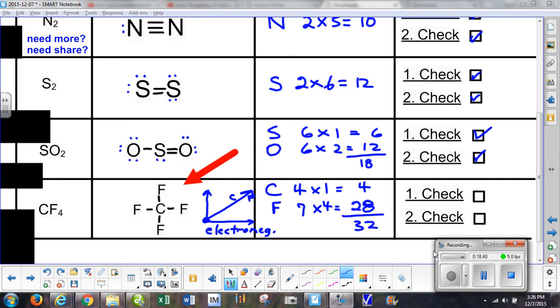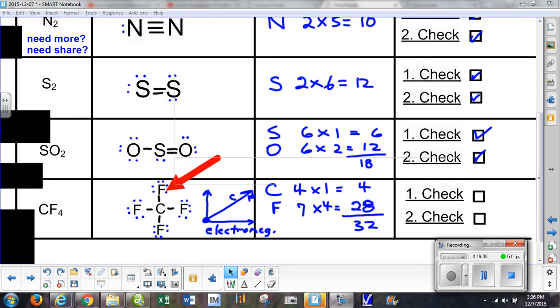So I go 1, 2, 3, 4, 5, 6, 7, 8, 9, 10, 11, 12, 13, 14, 15, 16, 17, 18, 19, 20, 21, 22, 23, 24. That's all of my electrons. So let's count the total electrons in the structure one last time and see if we get 32.